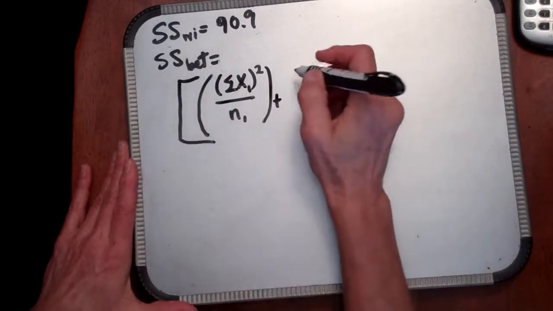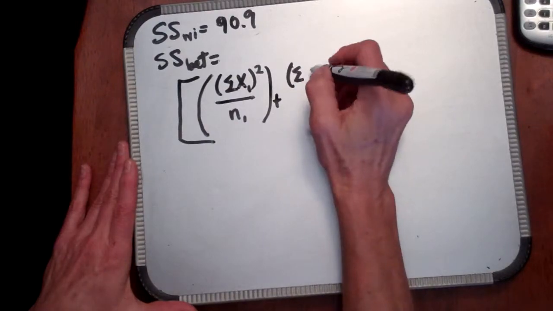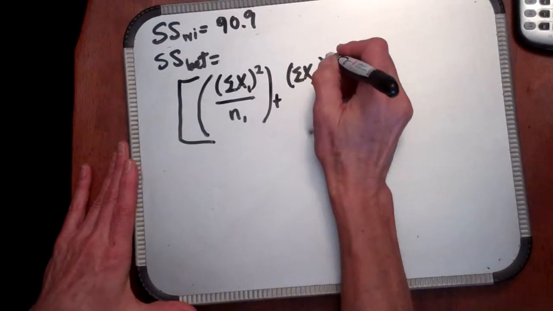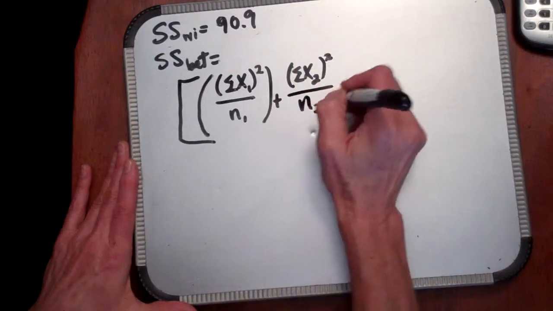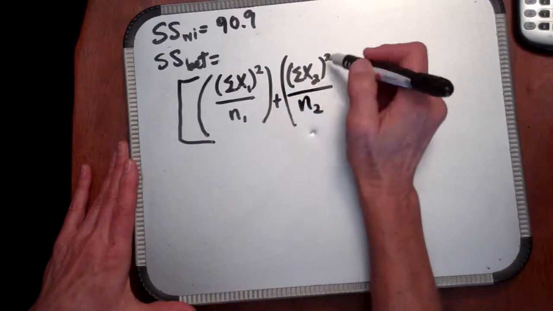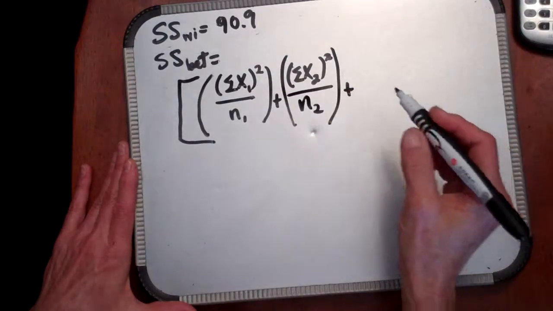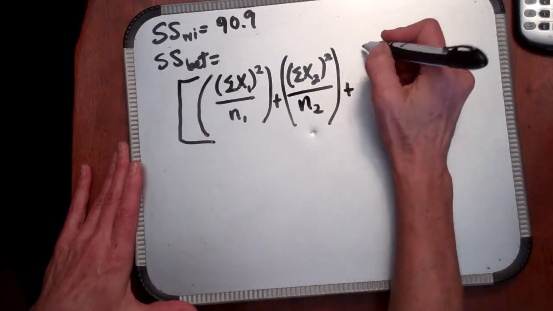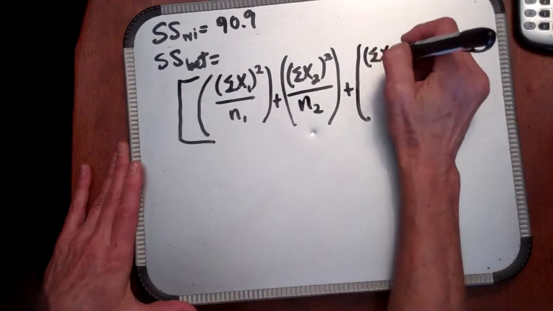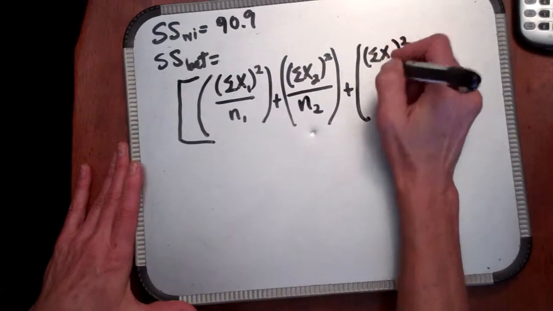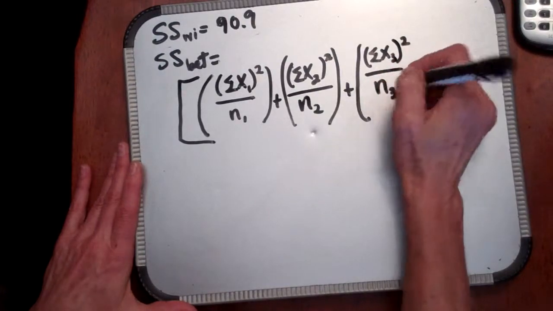Plus the same for each group, sum of the x's from group 2 squared divided by n2, plus sum of the x's group 3 squared divided by n3.